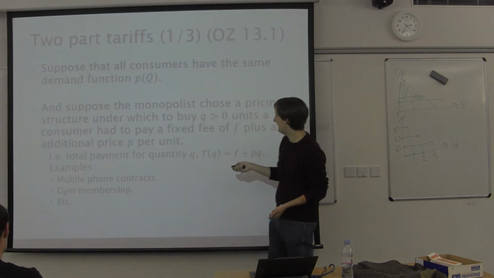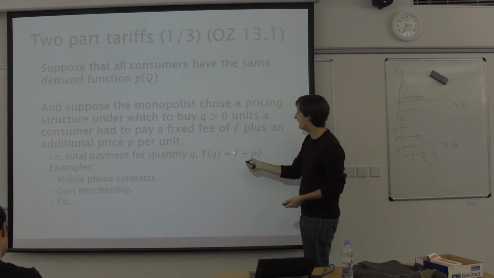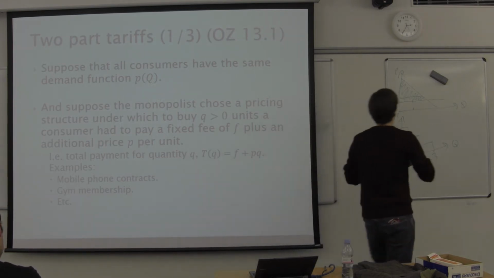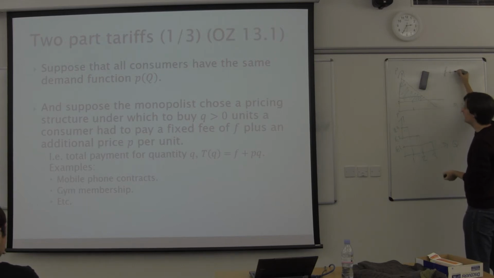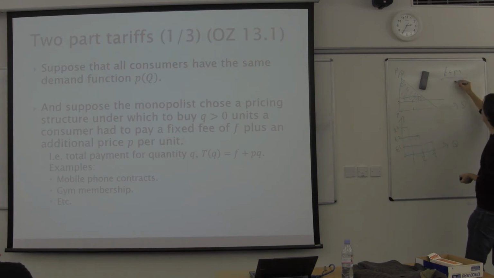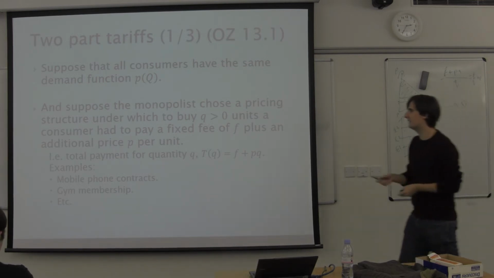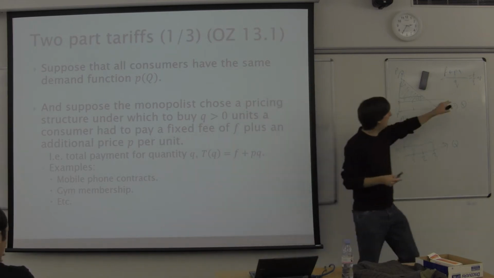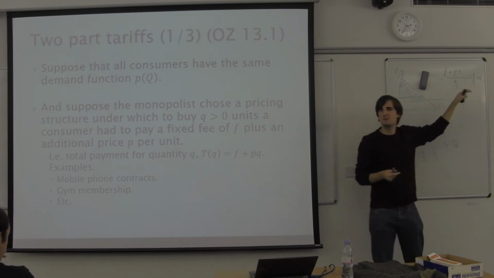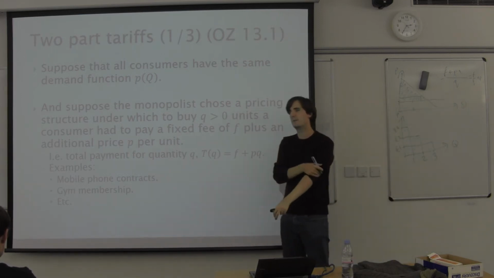In a 2-part tariff, the total cost is F plus PQ, so the cost per unit that someone's paying is that divided by Q. So people have an average cost of F over Q plus P. So there's non-linear pricing even with a 2-part tariff, right? The more you demand, the less your average cost for what you buy is.